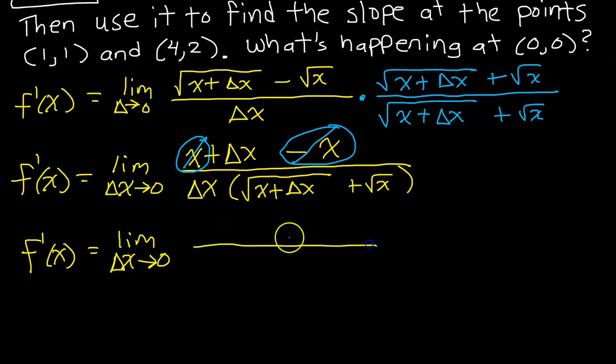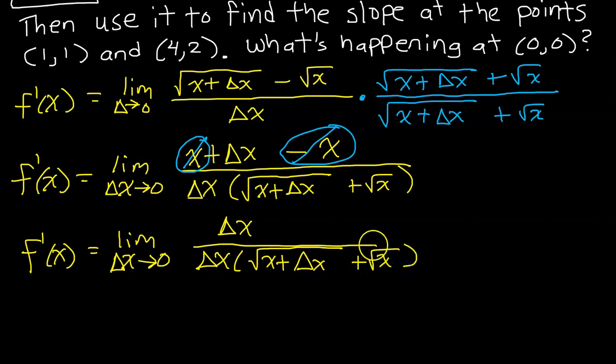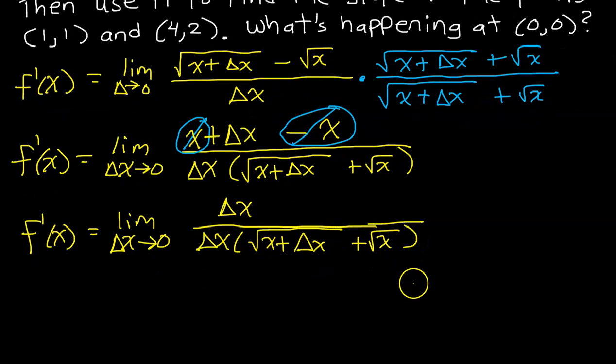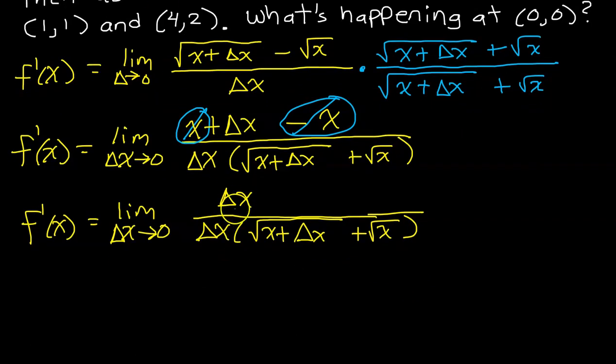And then in the numerator, I just have delta x, and then in the denominator, unchanged: delta x times the square root of x plus delta x plus radical x. Notice that we have delta x in the numerator and the denominator. So these are going to cancel out. I'm going to need a 1 in the numerator as a placeholder.